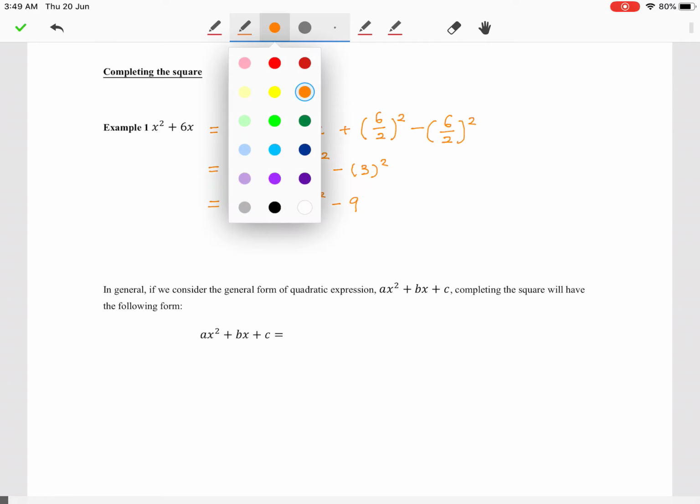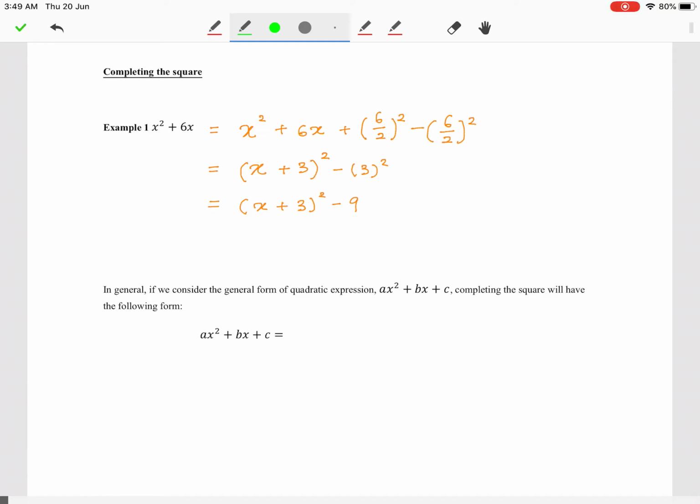So if you want to check whether your completing square method is correctly done or not, you can re-expand this. If you expand this back, this should give you x squared plus 6x plus 9 minus 9.